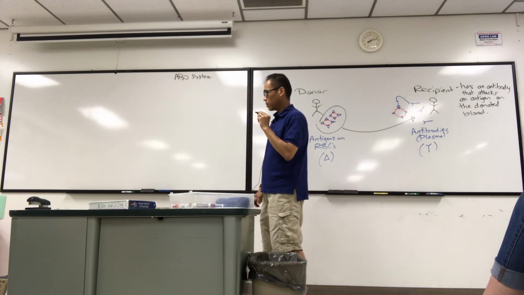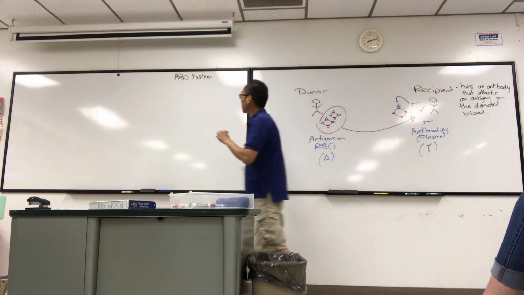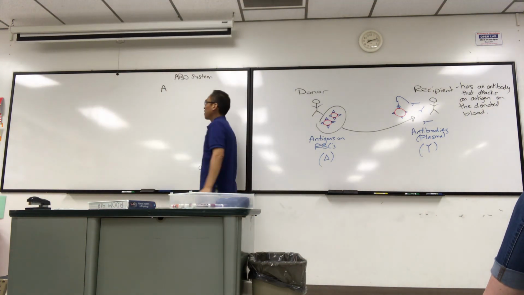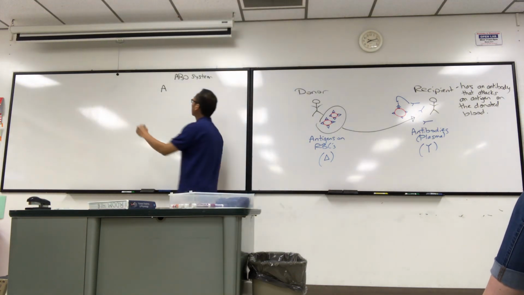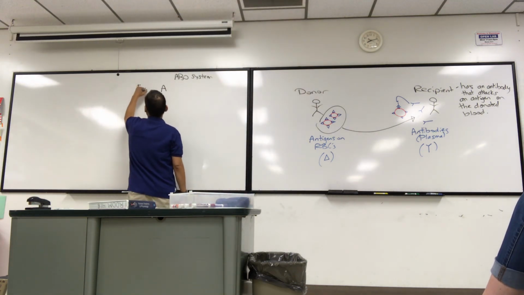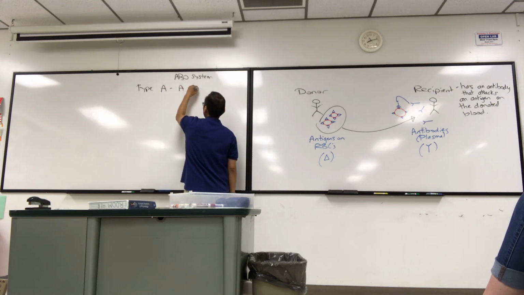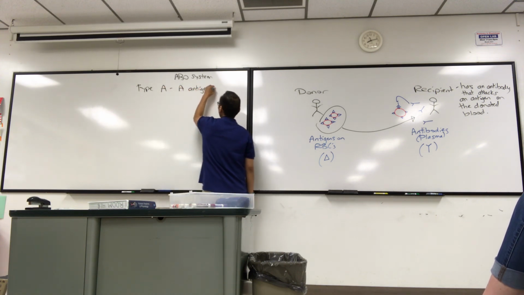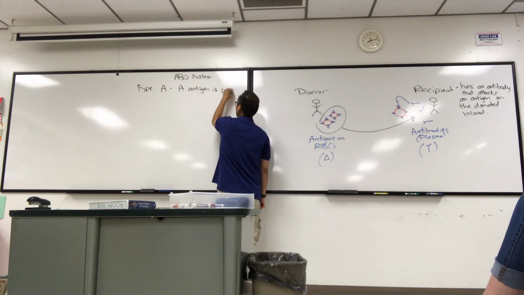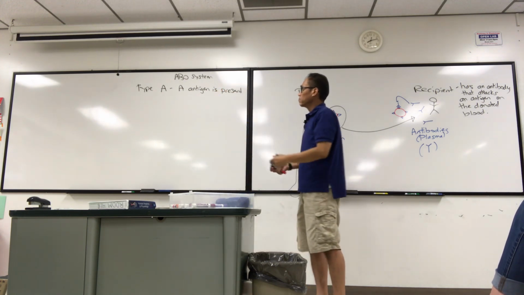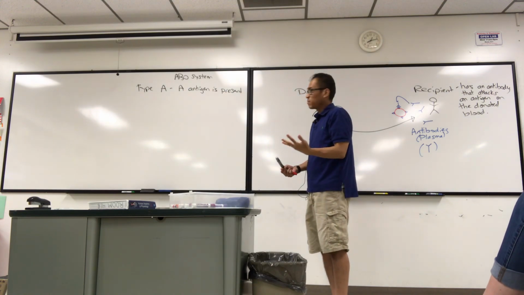There's what's called the A antigen. Let's say you have type A blood. Type A means the A antigen is present. When you say a person has type A blood, that's kind of what we mean.